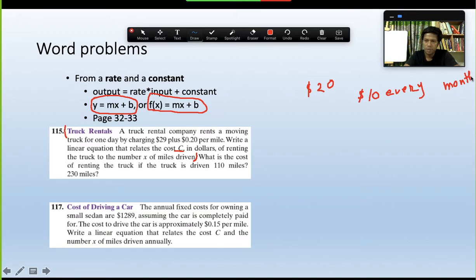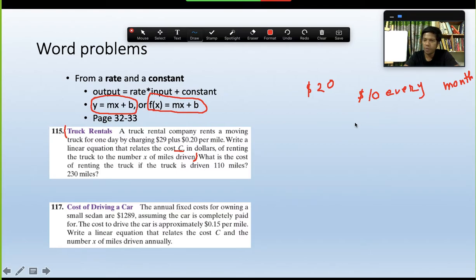Now, how can you find a mathematical equation by which you can calculate what your total amount of money will be after, let's say, 6 months?